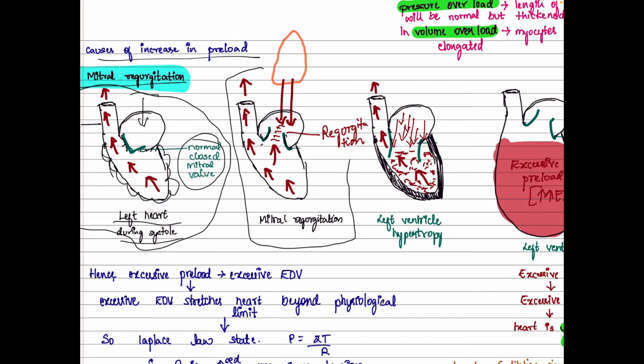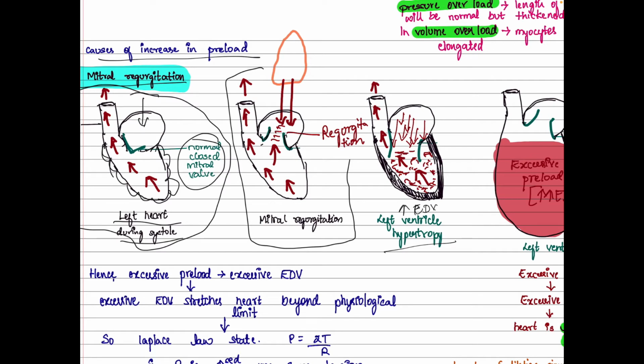This causes the left atrium to be overfilled, and during diastole the blood from the left atrium, that is blood from the lungs and blood that went back during left ventricular systole, both fill the left ventricle. This leads to an increase in preload, that is, end diastolic volume.